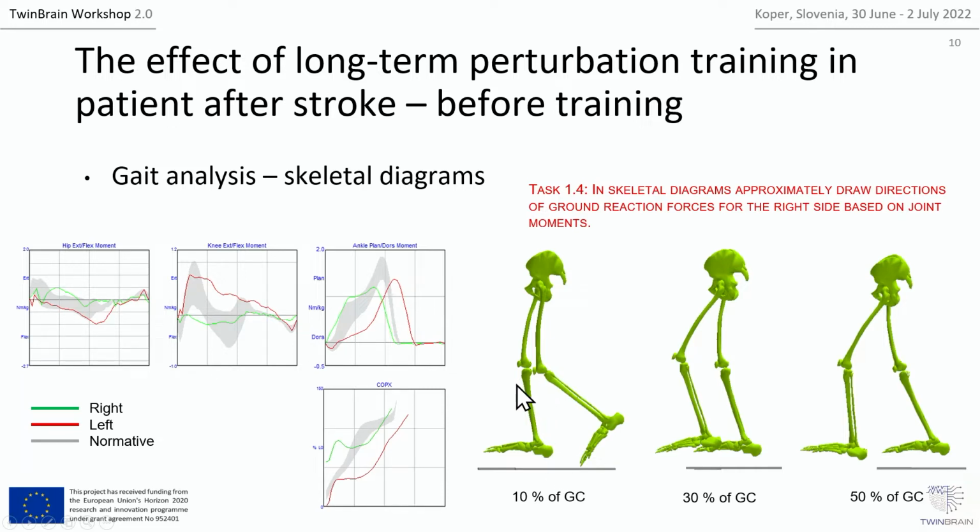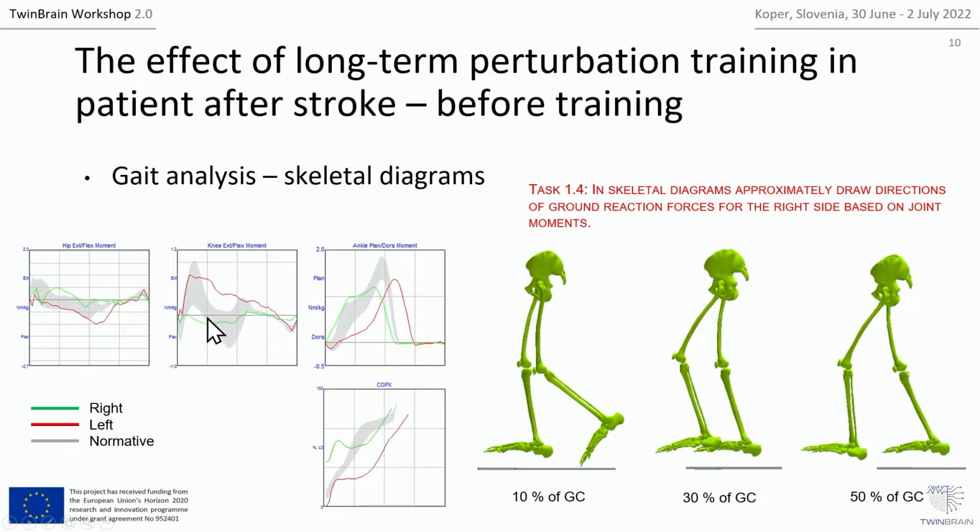If plantar flexors are active, then the ground reaction force has to pass the ankle joint on the anterior side. We also notice from the center of pressure graph that the center of pressure is somewhere in the middle of the foot immediately after the initial contact.